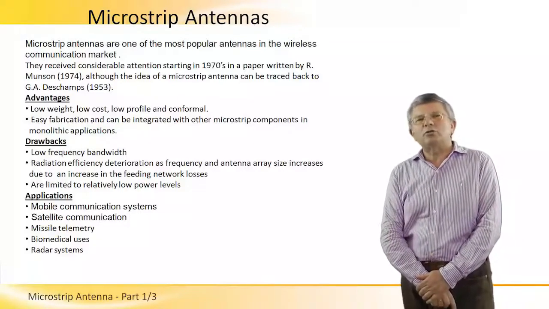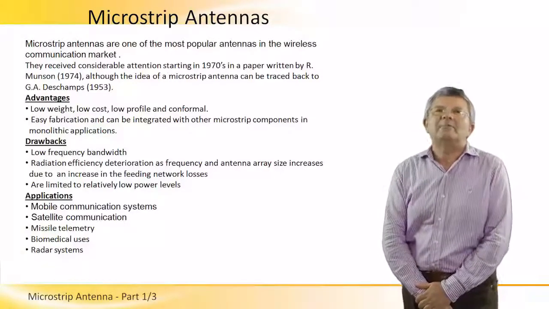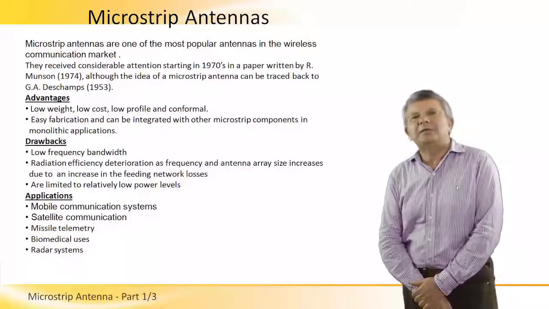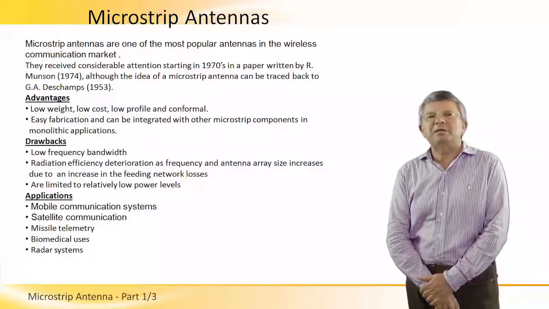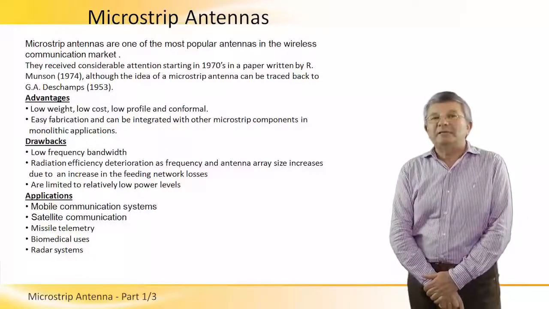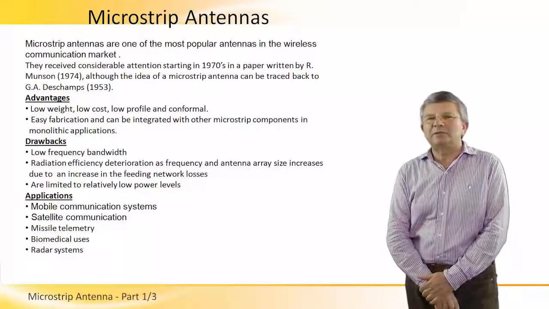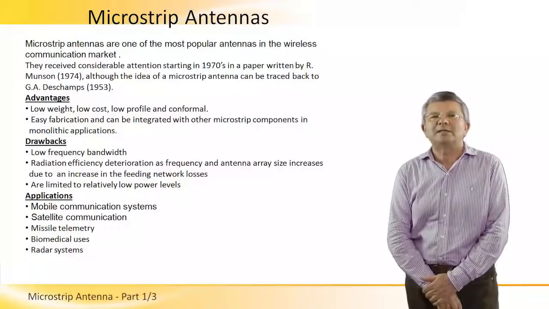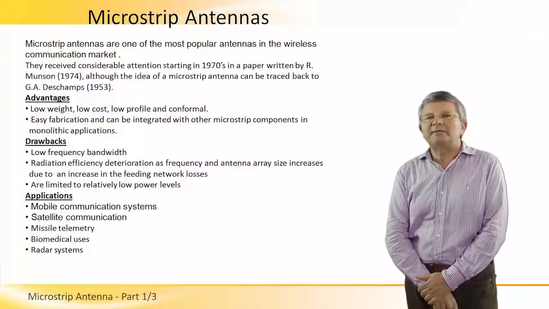The drawbacks which I'm going to talk about are initially when the microstrip antenna started to be present in the market, but some of them have been minimized dramatically. The major drawback of a microstrip antenna is its low frequency bandwidth, and the reason is actually because of their physical basic concept, which is based on a resonator type.